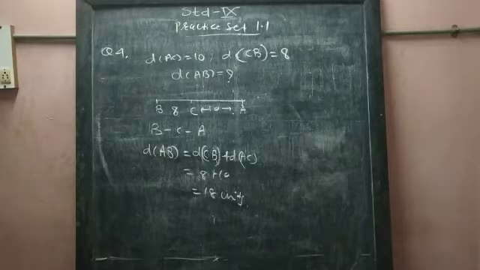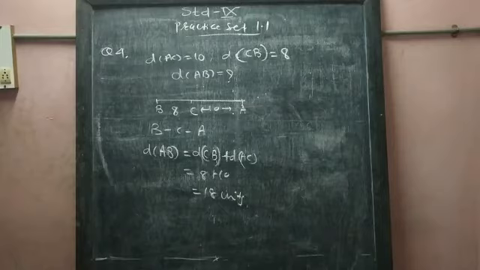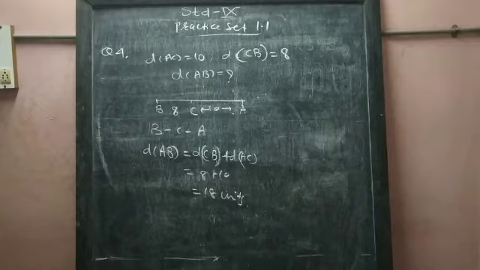So the answer is mentioned here with you. You should check it. If you have not understood, then please come back and you can solve. But there is another possibility that we can get.